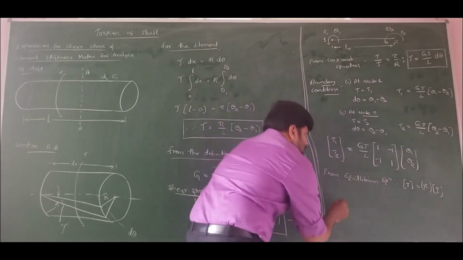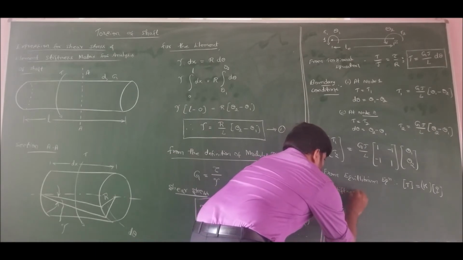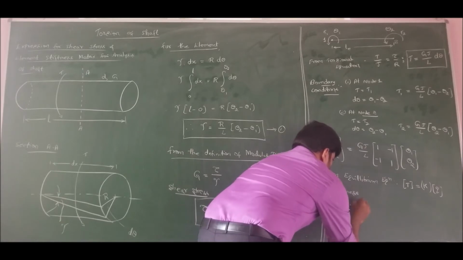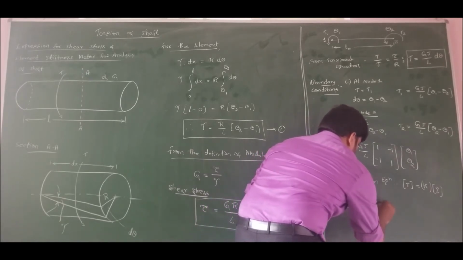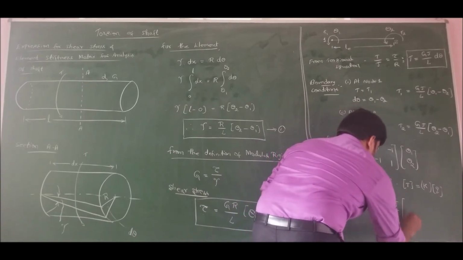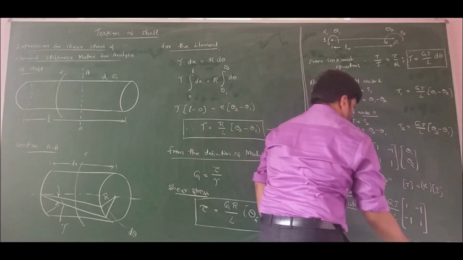So therefore, the stiffness matrix of any element is given by K equal to G J by L times [1, minus 1; minus 1, 1].